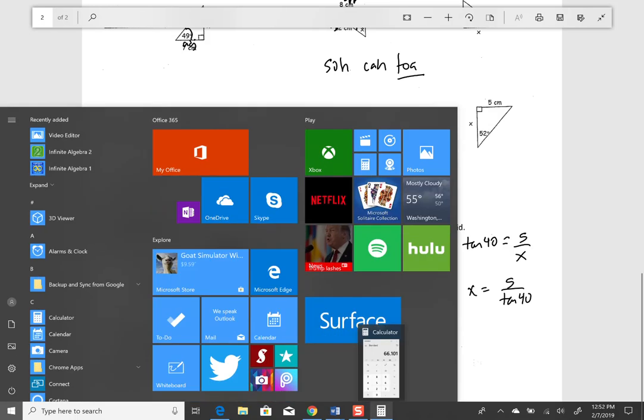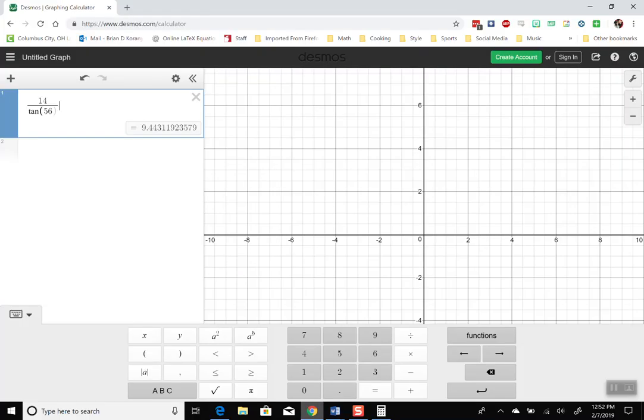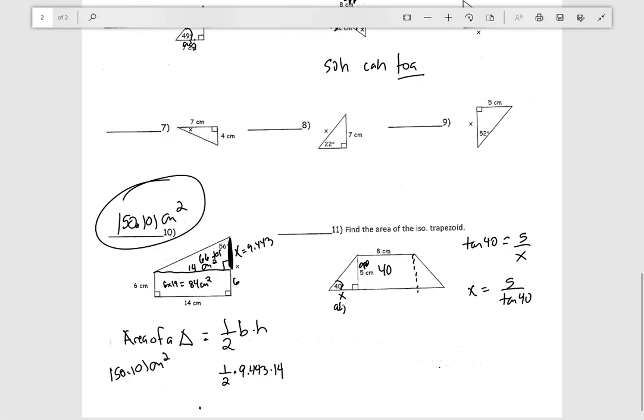Plug that in. 5 divided by tangent of 40. You get 5.959. So this base is now 5.959.